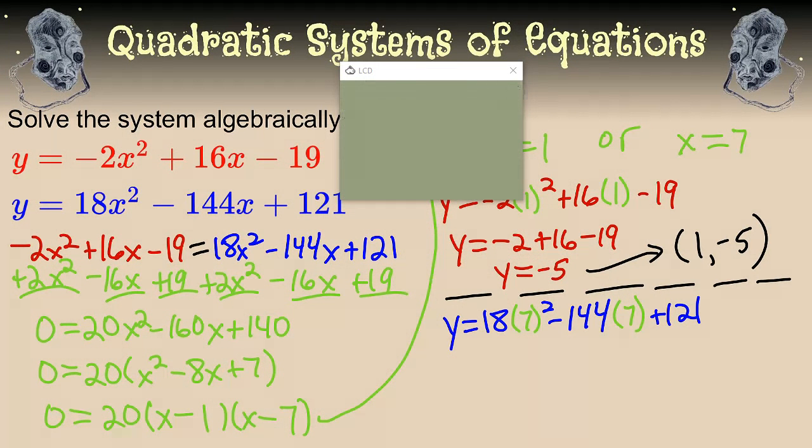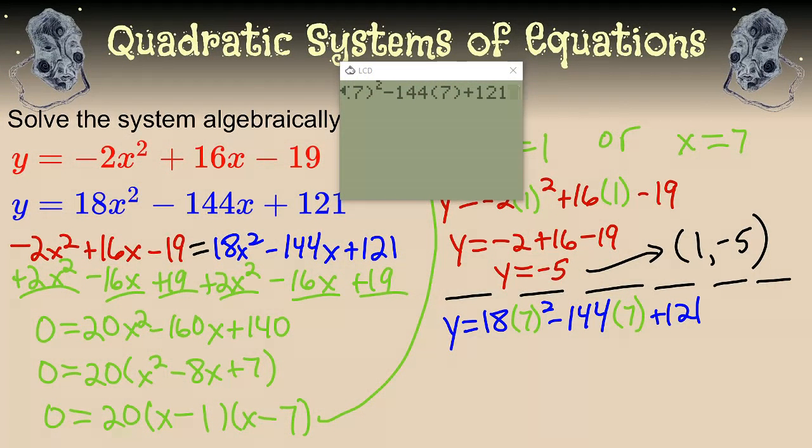Okay. So I have 18 times 7 squared minus 144 times 7 plus 121.